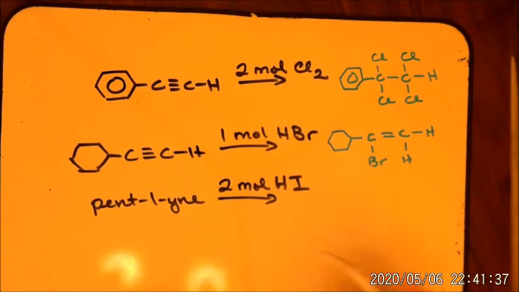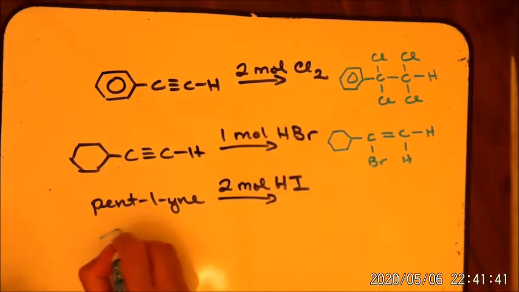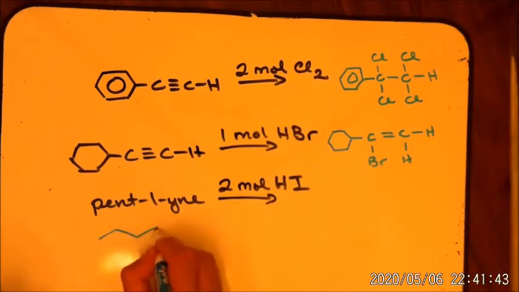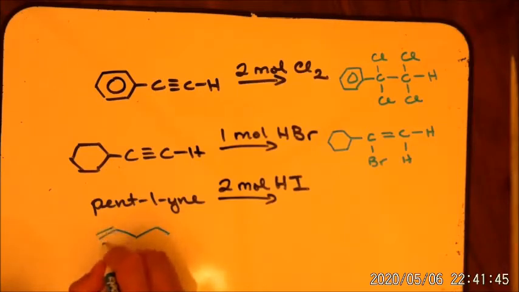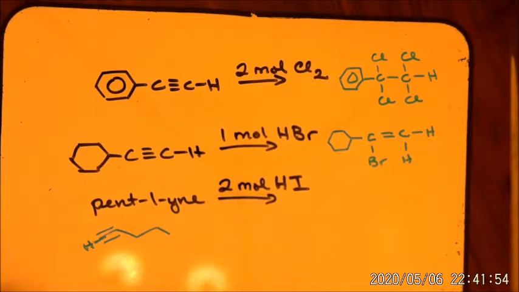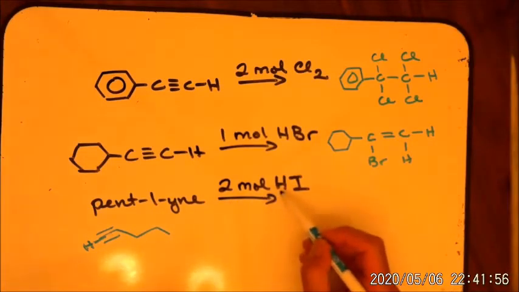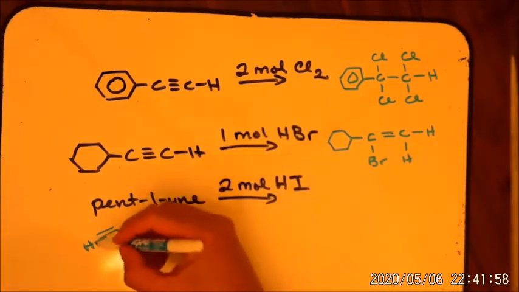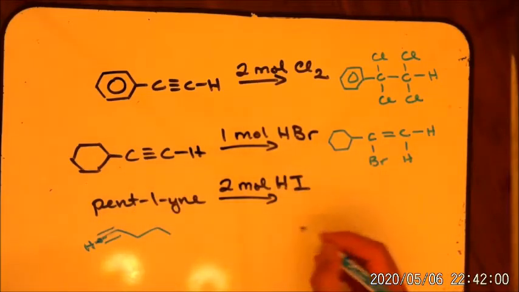On this one, okay, pent-1-yne, 1, 2, 3, 4, 1, 2, 3, 4, 5. That's my 1. So it's a terminal alkyne, just so you know. Okay, so 2 moles of hydrogen iodide. Remember, hydrogen is going to go to the least substituted carbon right here.